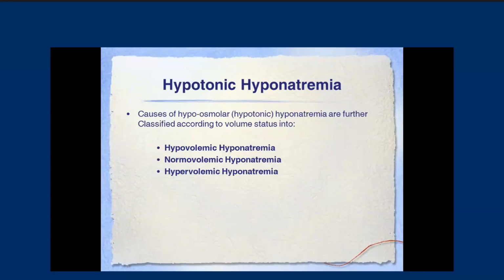So once we have identified that the patient has hypotonic hyponatremia, the next thing is evaluating the patient's volume status. We can divide that, based on the patient's volume status, into hypovolemic hyponatremia, normovolemic hyponatremia, and hypervolemic hyponatremia.